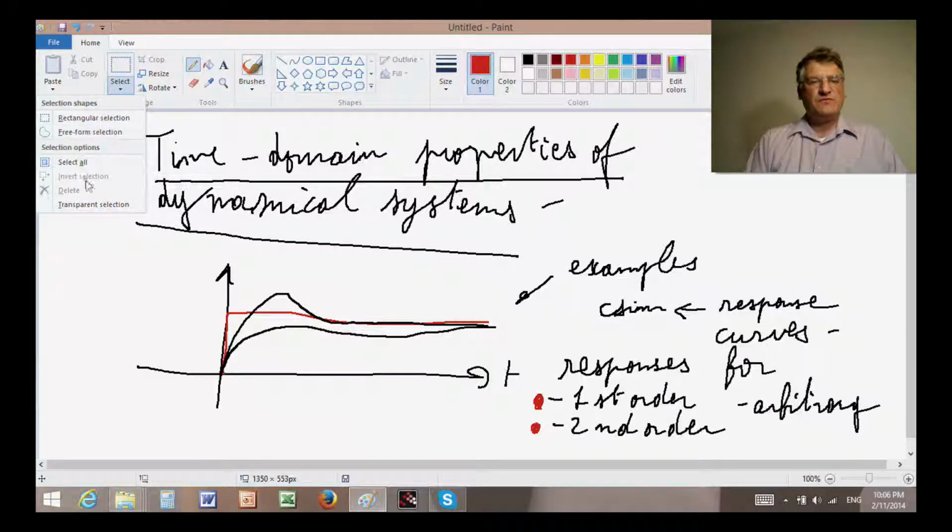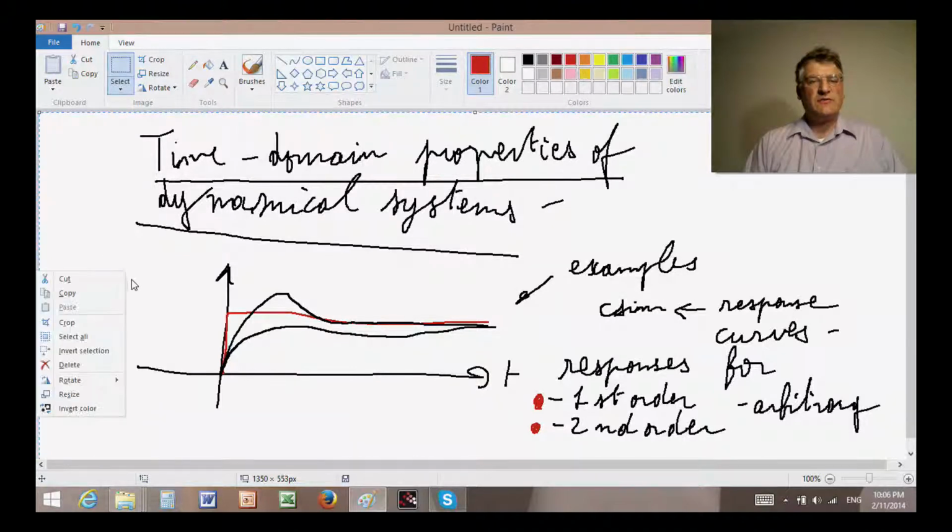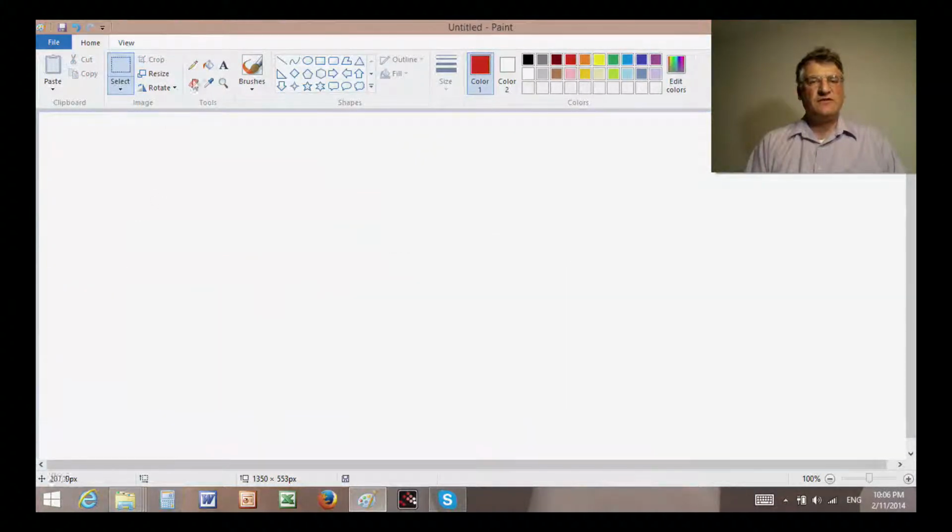So, to begin with, we will talk about first order systems. They look as follows.